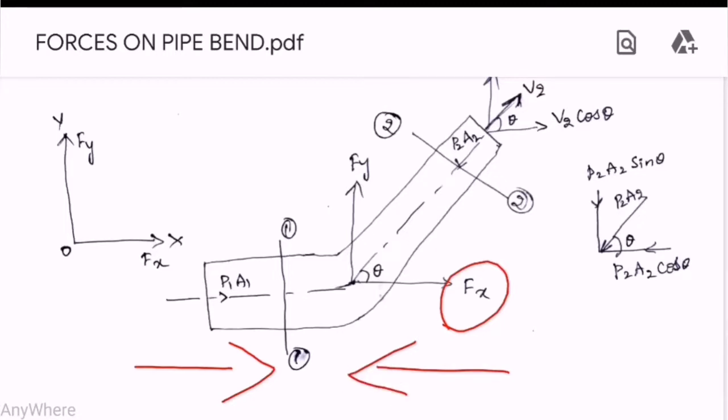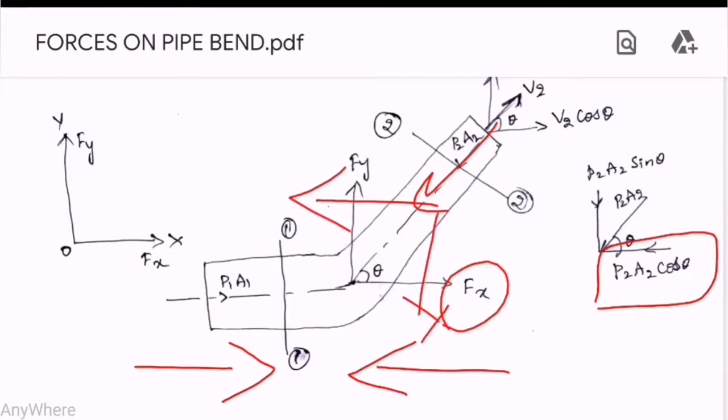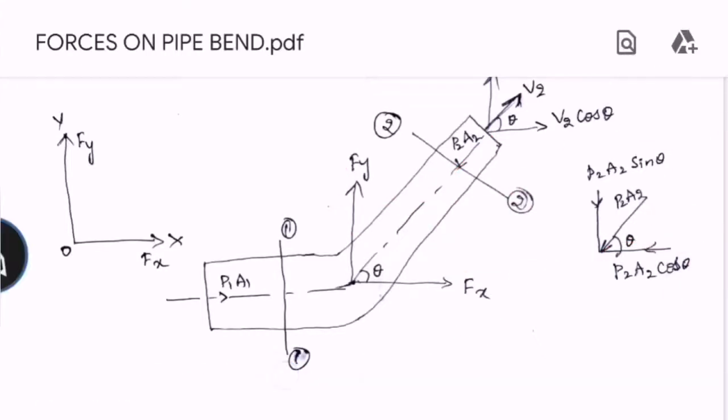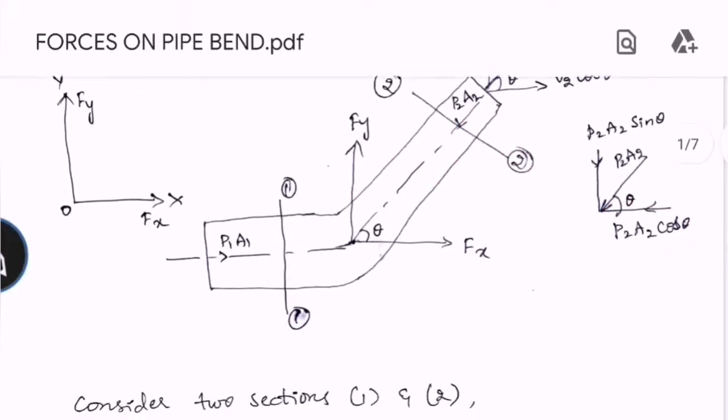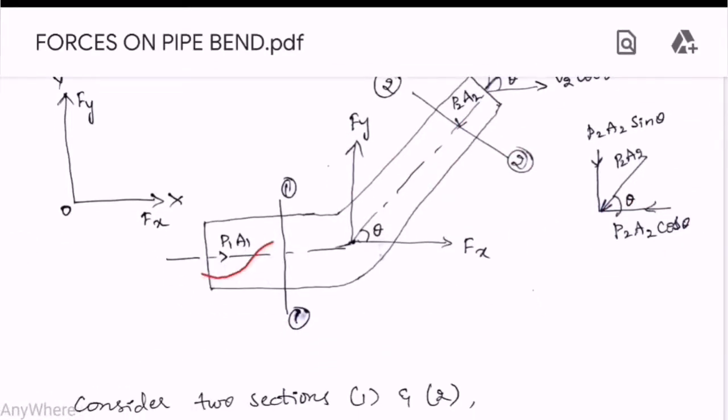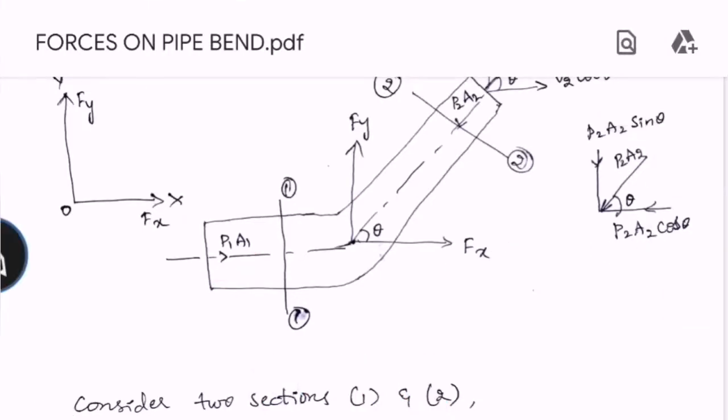And we have one more along the left side, that is P2A2 cos theta. So there are three forces acting along the x direction: one is P1A1, one is Fx, and the other is P2A2 cos theta. Fine. Next.